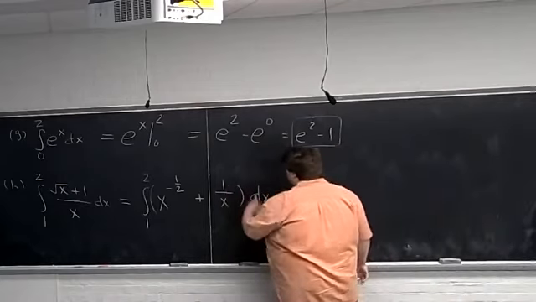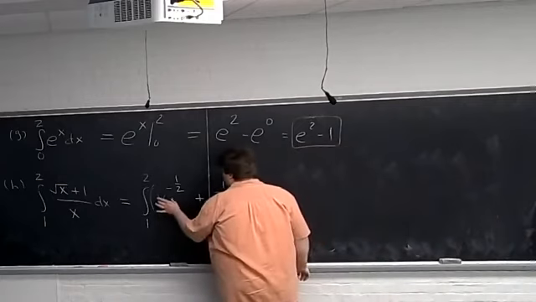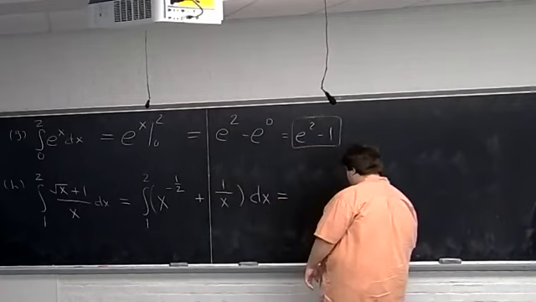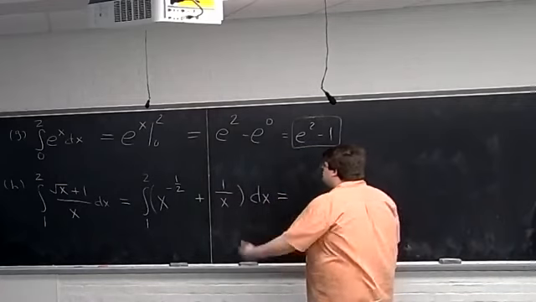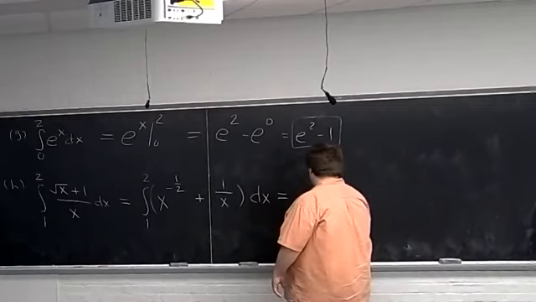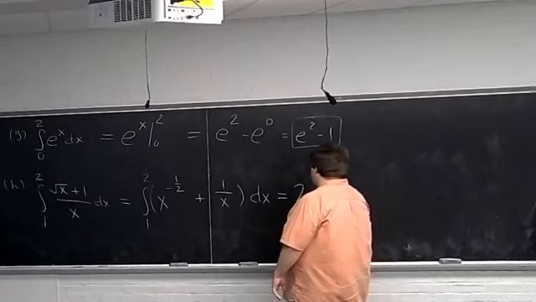And for that, I usually like to just write it as only 1 over x. But over here for this first piece, we are going to need a power rule, so I wrote it in its power form rather than 1 over root x. Power rule, negative 1/2 plus 1 is 1/2. Divide by 1/2.